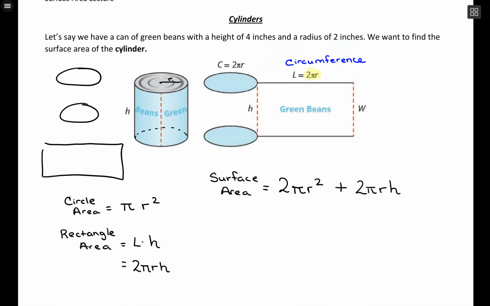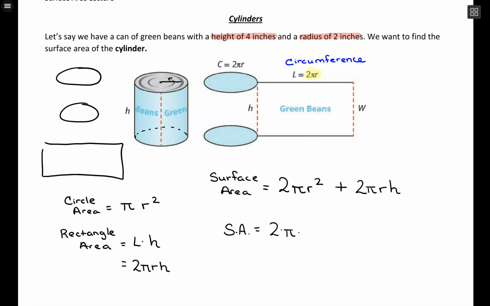So let's apply this to our can of green beans here. They're telling us we have a height of 4 inches, radius of 2 inches. So for surface area, we're going to get 2 times pi times the radius squared, where the radius is 2, so 2 squared, plus 2 times pi times the radius, which is 2, times the height of the can, which is 4. And with that, let's go to the calculator.